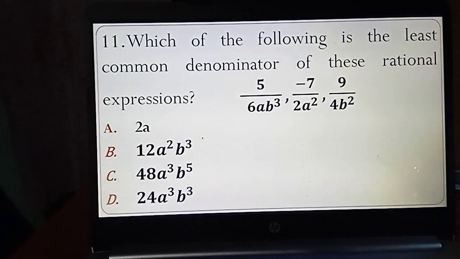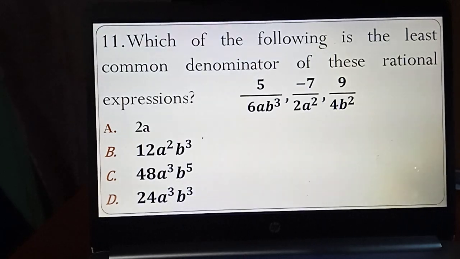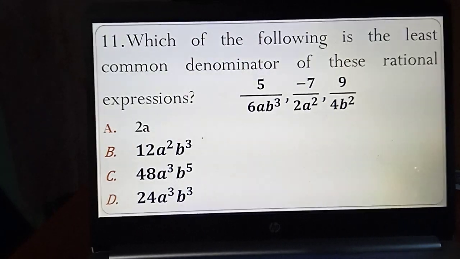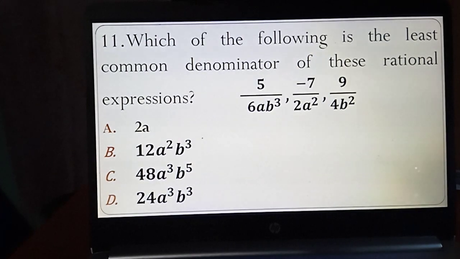To get the least common denominator, you get the multiples of 6, 2, and 4. Using the multiplication table, for 6: 6, 12. For 2: 2, 4, 6, 8, 10, 12. And for 4: 4, 8, 12.